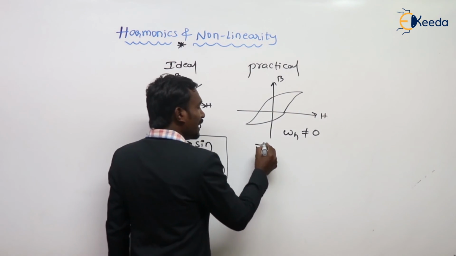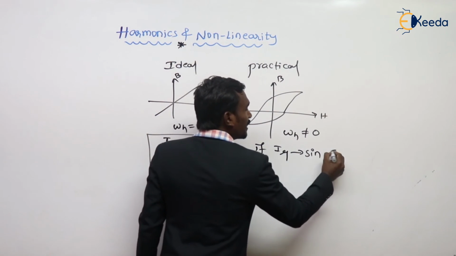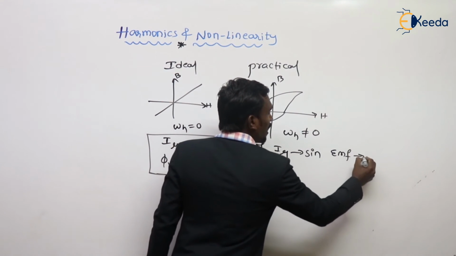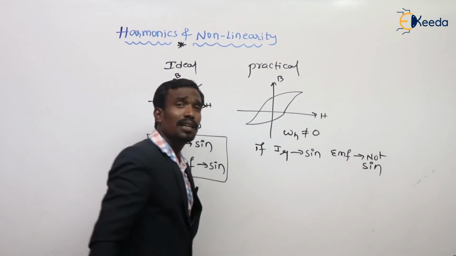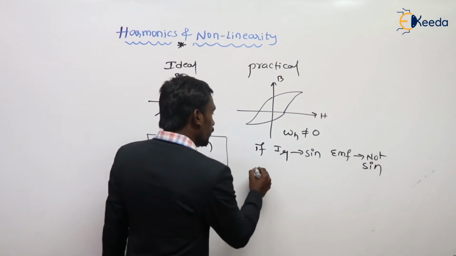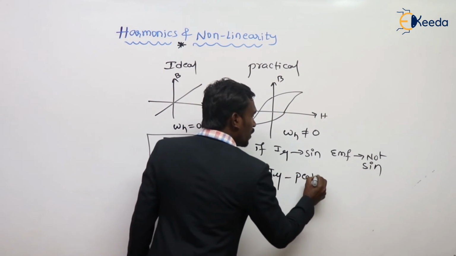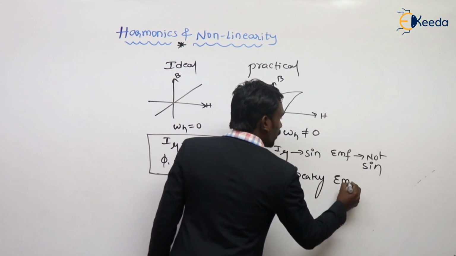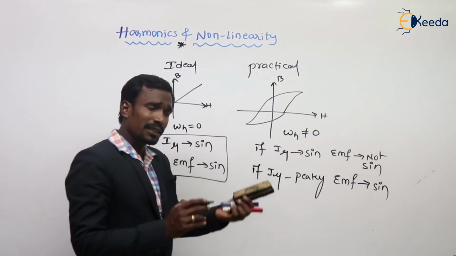But practically, if I mu is sinusoidal, then EMF is not sinusoidal. It may be a peaky wave. If I mu is a peaky wave, then the EMF is sinusoidal.